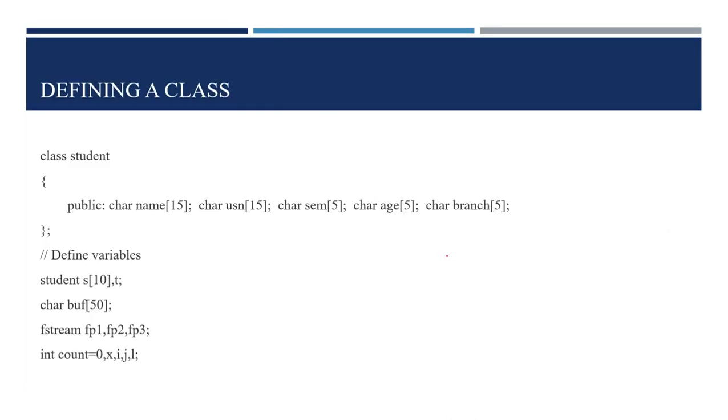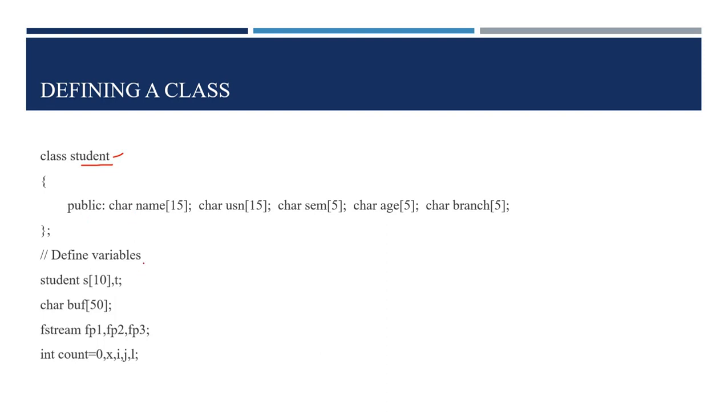So let us see the class to define the program. We are considering a class student where the variables are name of the student, USN, along with age as well as branch, which will be considered as members of the class student.